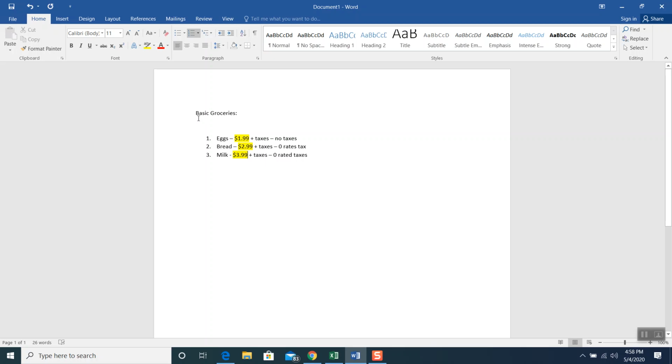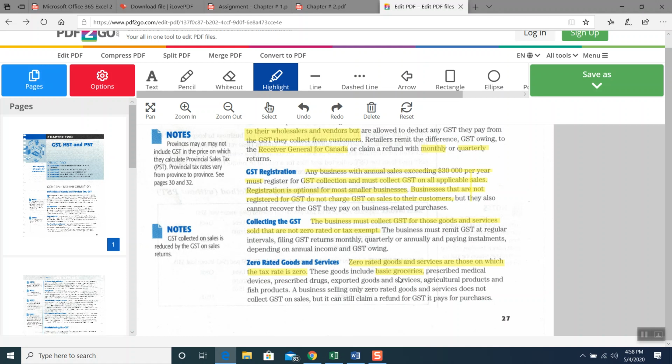So I hope you understand what my basic groceries are. This basic grocery list has some more items, but these give you an idea about basic groceries where the tax rate is zero. Karen comes to me, sir, are there any other items in here? Absolutely. Let's take a look.